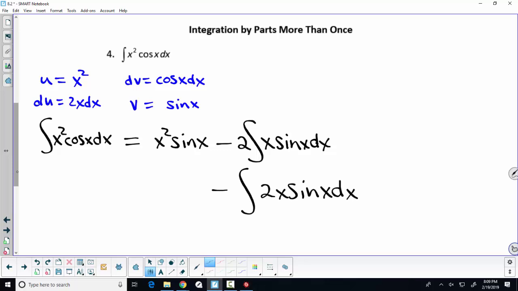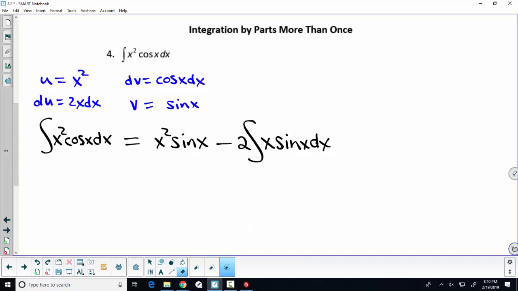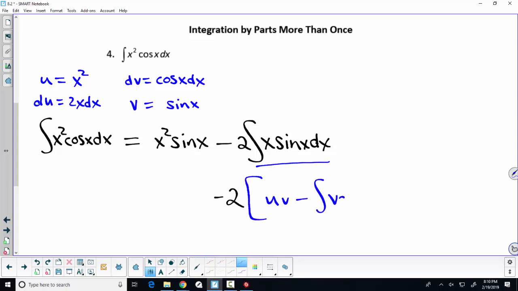And then we could start over with this and say, well, now our u is 2x, right? Or since it's a constant of integration, we could leave it out. It's really just a matter of preference. Would y'all prefer to leave it in or factor it out? Take it out. So again, another thing to be mindful of, if you're taking out constants, this is going to be minus 2, and we're going to split this integral up into another uv minus the integral of v du.